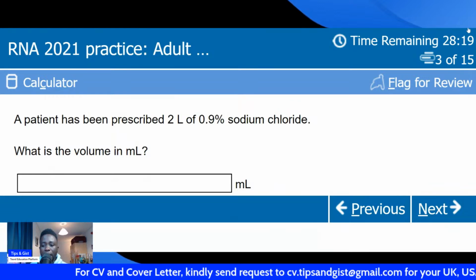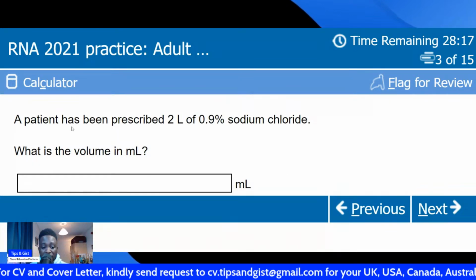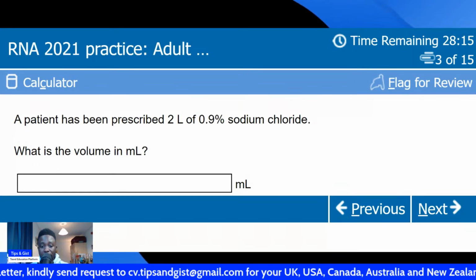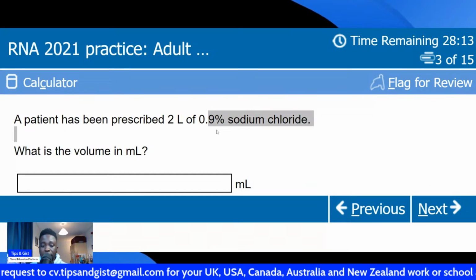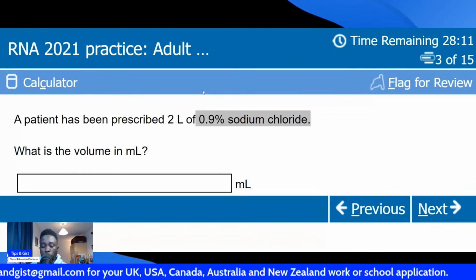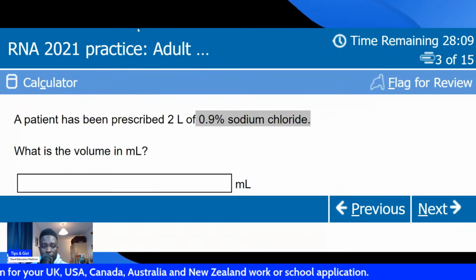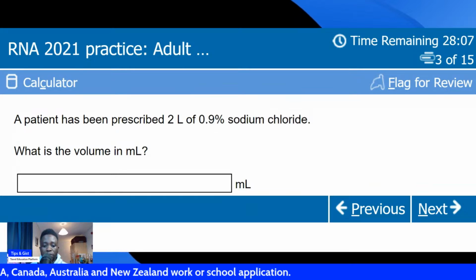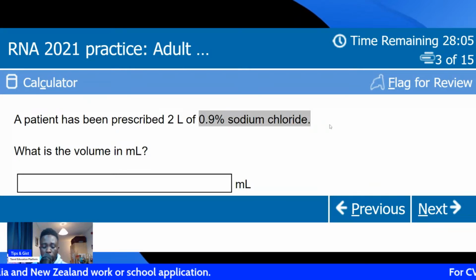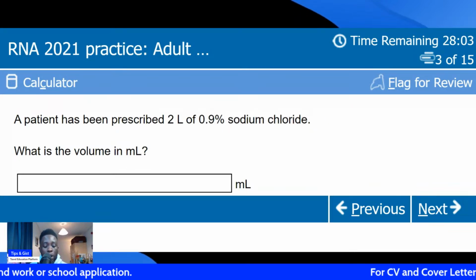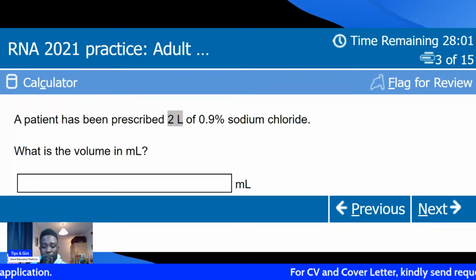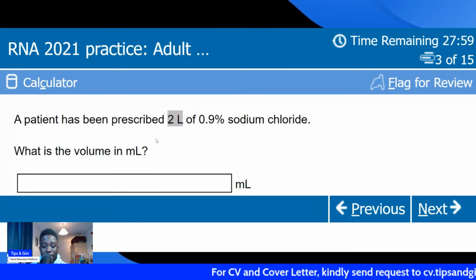Now, the next one, they are saying that a patient has been prescribed 2 liters of NS, right? 0.9% of sodium chloride is NS, normal saline. All right, so you have to note this. This is just the meaning of normal saline. Now if you come here, you see that 2 liters, that is the volume or the quantity.